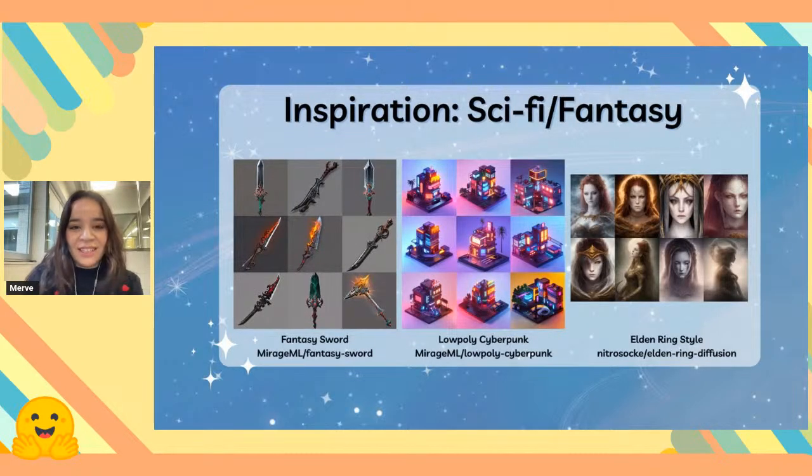And for sci-fi inspirations, it's often that we see many game or series, sci-fi or fantasy series styles being fine-tuned on. One of them is this Elden Ring one, and then you can have this low poly isometric cyberpunk creation, and you can have Fantasy Sword one, which are super cool, but you can just use your imagination and create, fine-tune on anything.